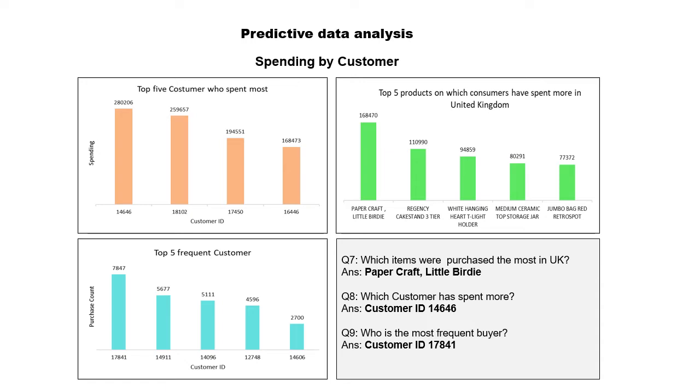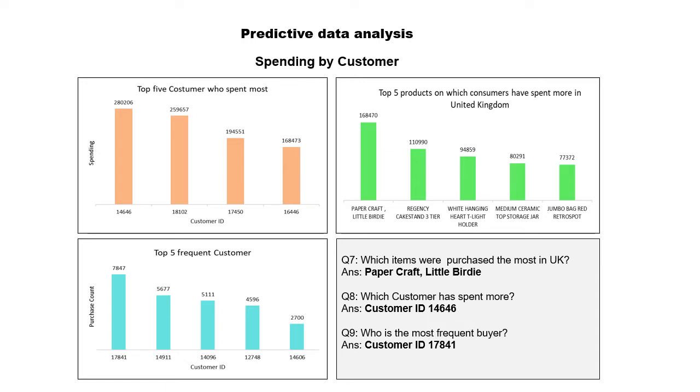Here we have further analyzed this dataset in terms of spending by customer. In this chart we can see the top 5 customers who have spent the most. This customer ID 14646 has spent the most.